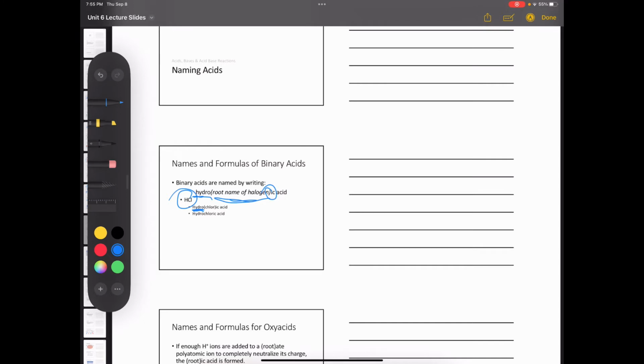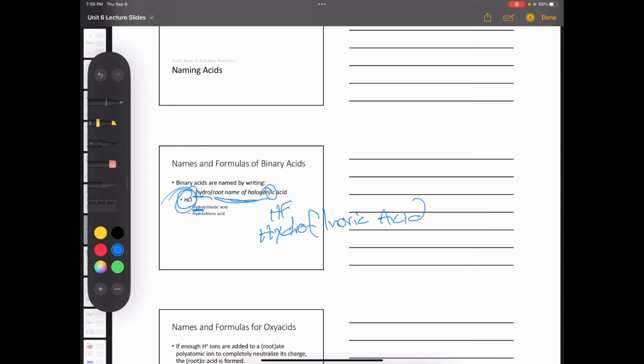So the name for the binary acids always starts with hydro, then the root of the halogen, and then you add ic acid. An example is hydrochloric acid. Same thing with HF: this one is hydrofluoric acid.